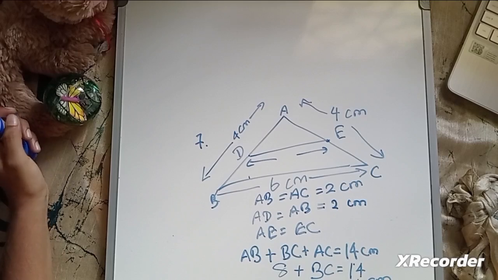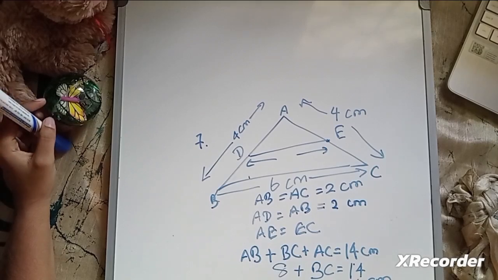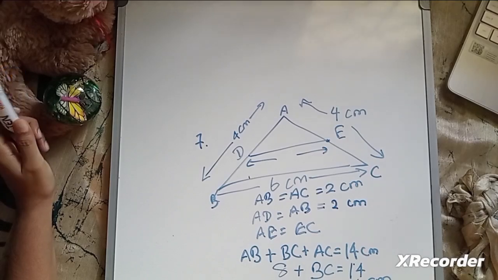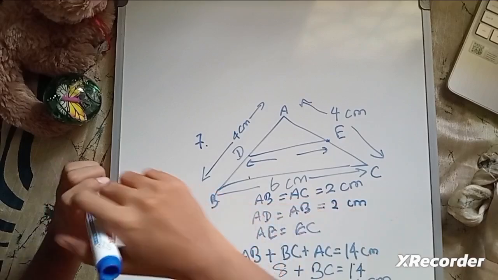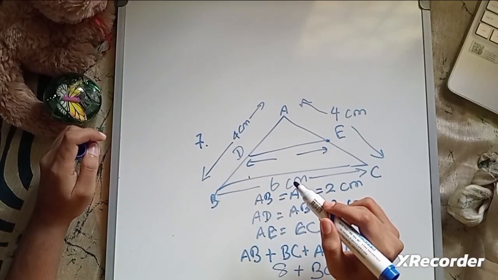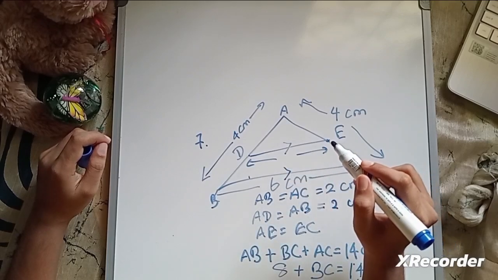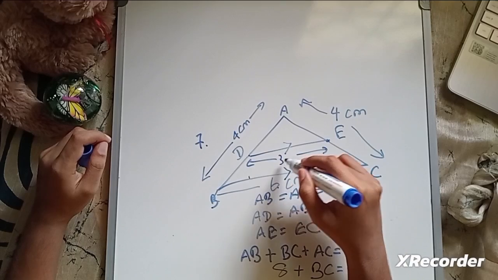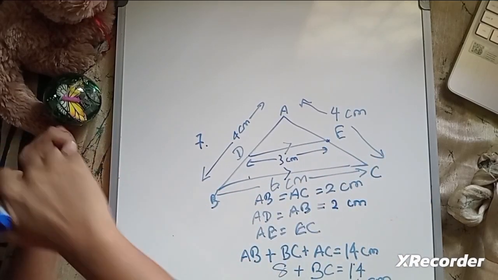The midpoint theorem states that the line segment joining the midpoints of two sides of a triangle is parallel to the third side and is half as long. So with that we can say this is parallel to BC, and also this is half of BC. Then DE equals 3 centimeters.